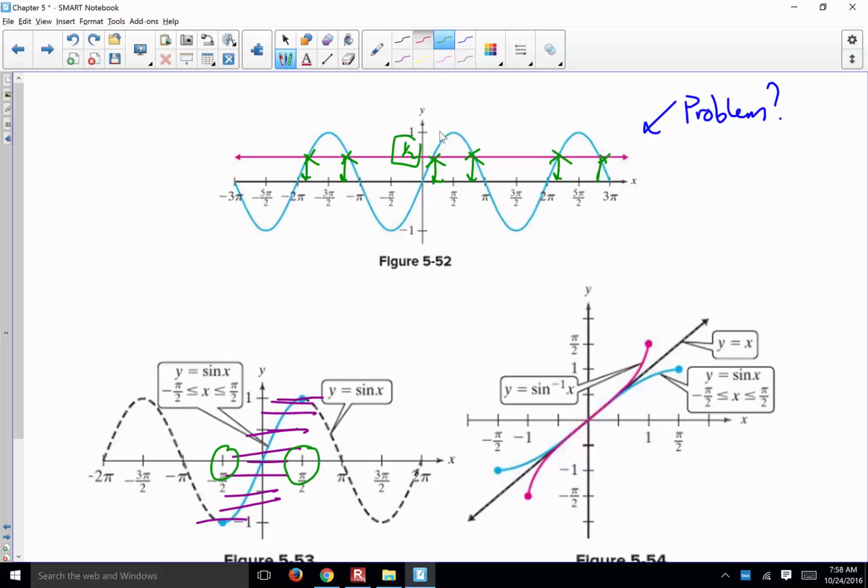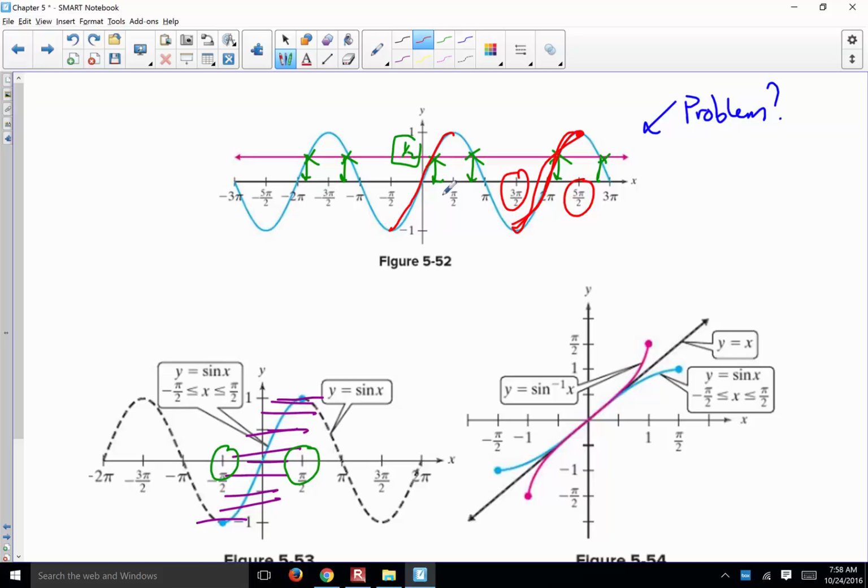They picked this little piece of curve. Could they have taken this part as well? Yeah, you could have taken this, but your angles are too big here. So we go with the smallest angles that represent the entire range of y values. So this is the best choice they went with.